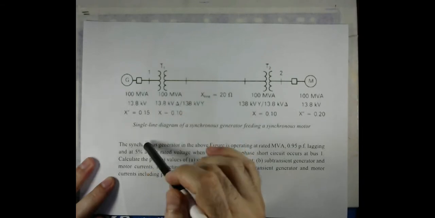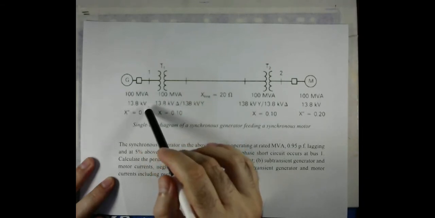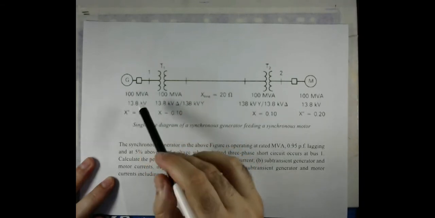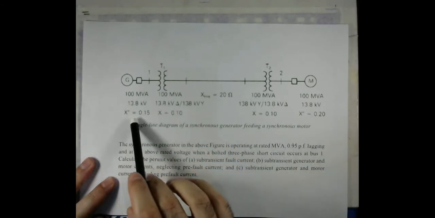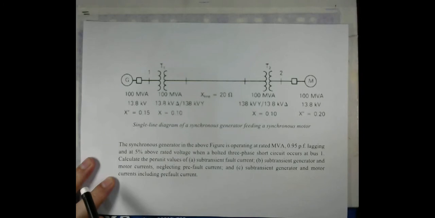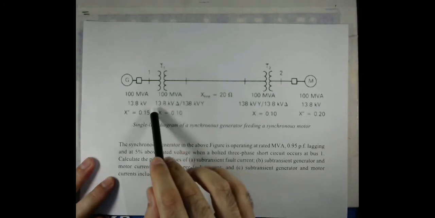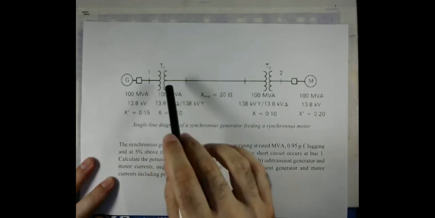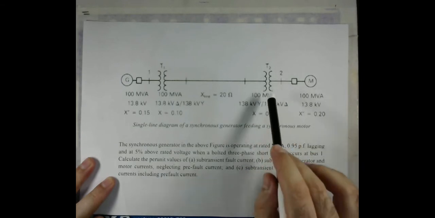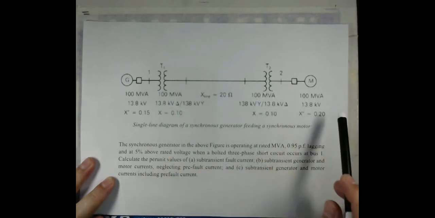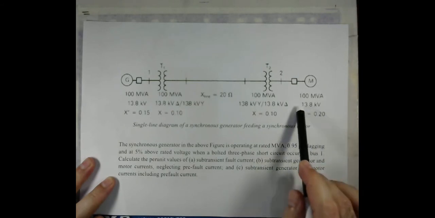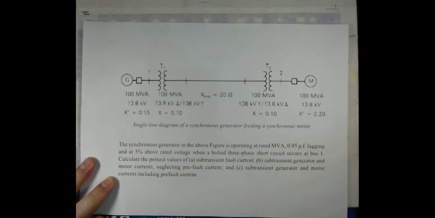The MVA rating is given, similarly the sub-transient reactance. If you look here, it is double prime, so that is the sub-transient reactance of the generator. Similarly, we are given the reactance of the transformer, that of the other transformer with the same values, and the sub-transient reactance of the motor.